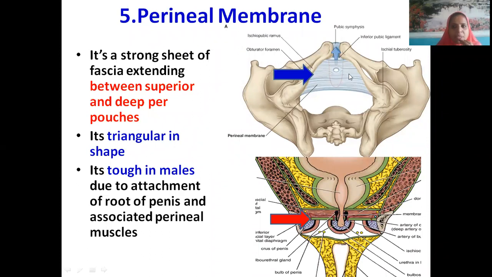The shape of this membrane is triangular, and it is very tough because the root of the penis is attached here along with associated perineal muscles, especially bulbospongiosus. Just now you saw the posterior fibers are inserted in the perineal membrane in males, isn't it?